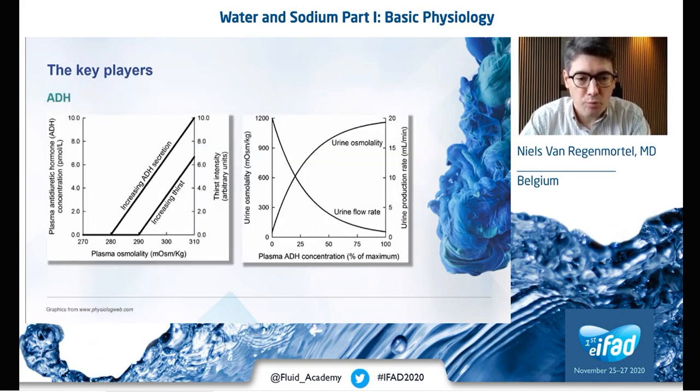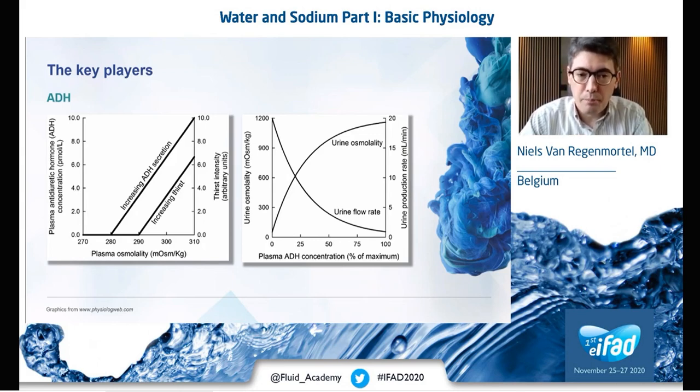From the moment plasma osmolality is increasing above 280 to 290, then ADH will kick in and it will try to concentrate urine by retaining water.